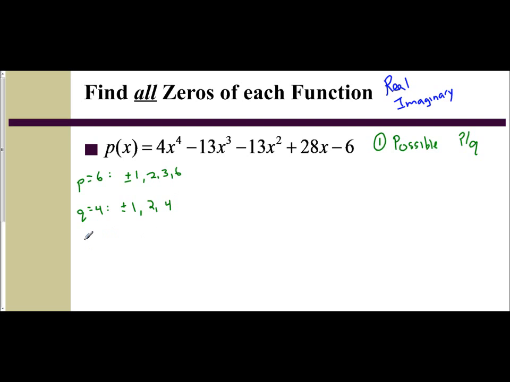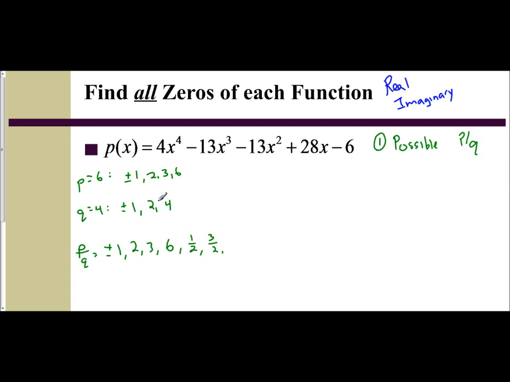So the P over Q list, our possibilities, are the following. Remember, each value in P must be divided by every Q. So we got 1 divided by 1, 2 divided by 1, 3, and 6 divided by 1. So that's plus or minus 1, 2, 3, and 6. We have 1 divided by 2, which is 1/2. When we take 2 and divide by 2, that's 1. When we take 3 and divide by 2, that's 3/2.